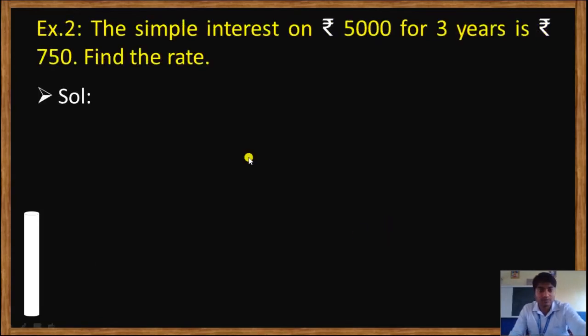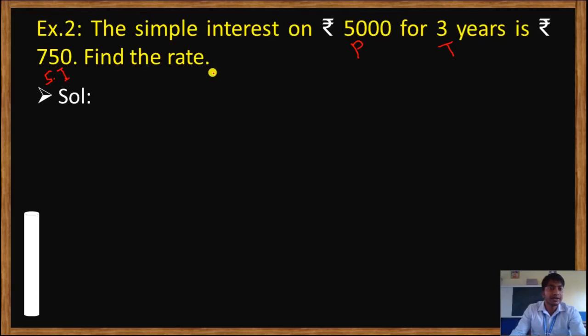Now example number 2: the simple interest on rupees 5,000 for 3 years is rupees 750. That means 5,000 is the principal, 3 years is the time, and 750 is the simple interest.